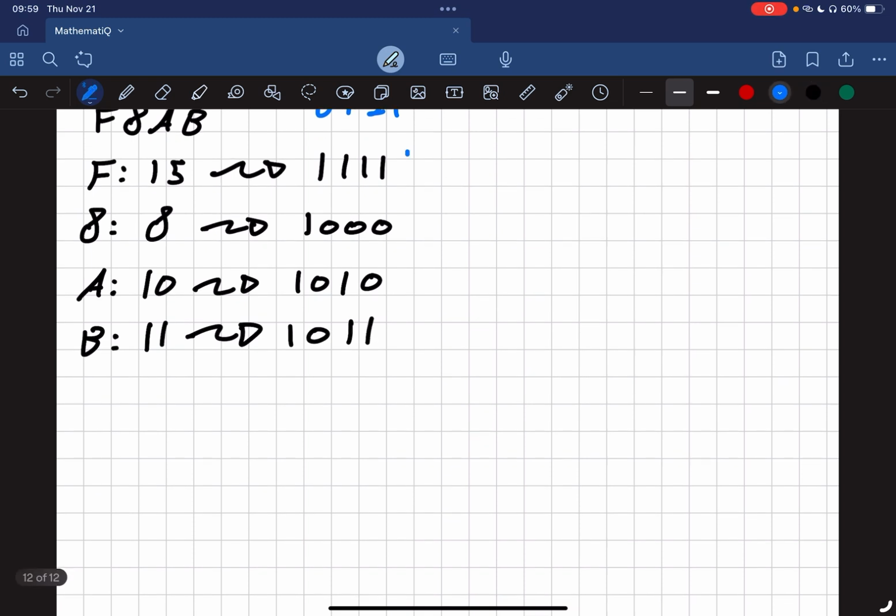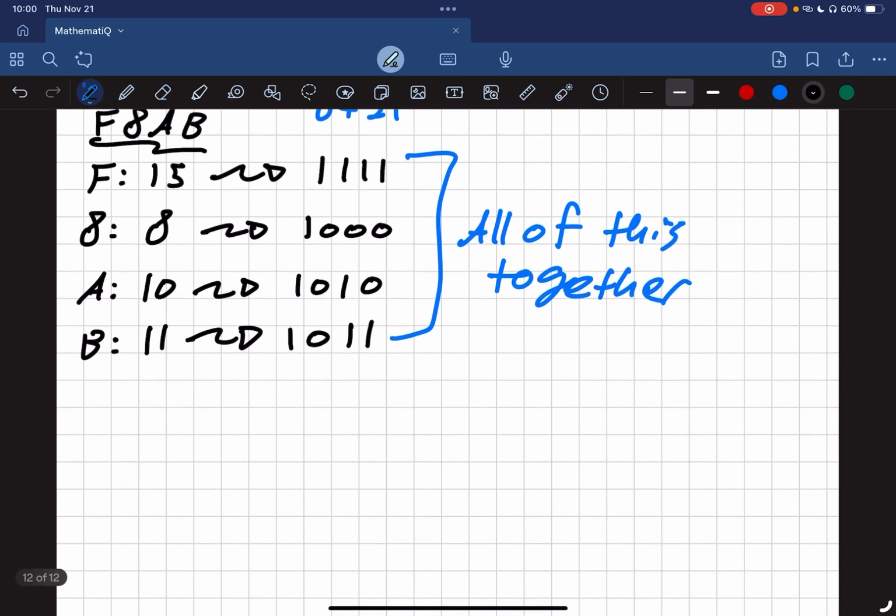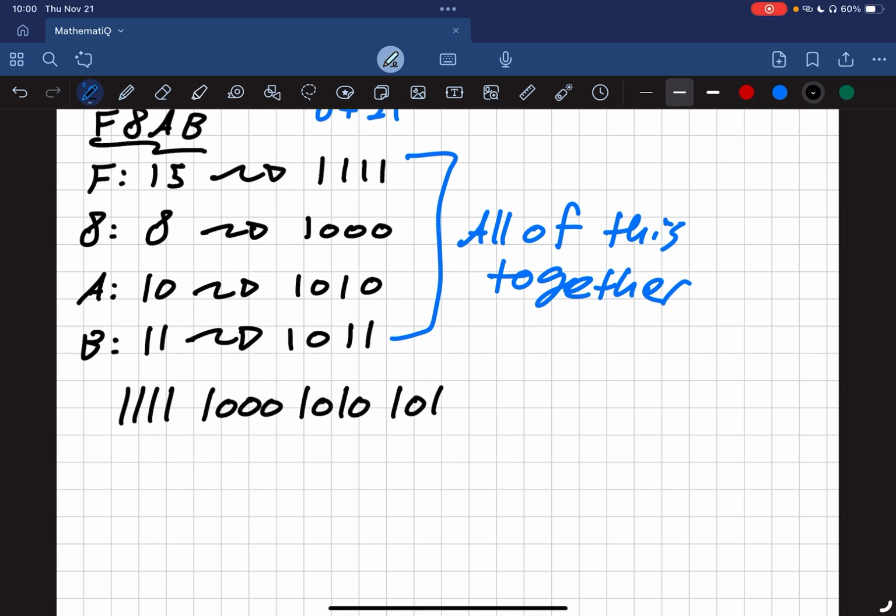And then you just want to put all of this together, in the order that the hexadecimal number is represented. So you're just going to put 1, 1, 1, 1, 1, 0, 0, 0, 1, 0, 1, 0, and 1, 0, 1, 1. And that right there is your binary representation of the number.